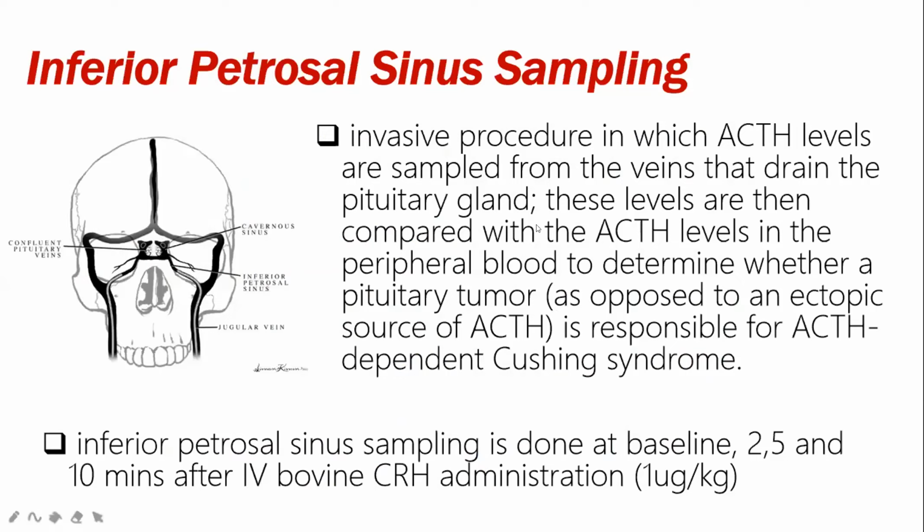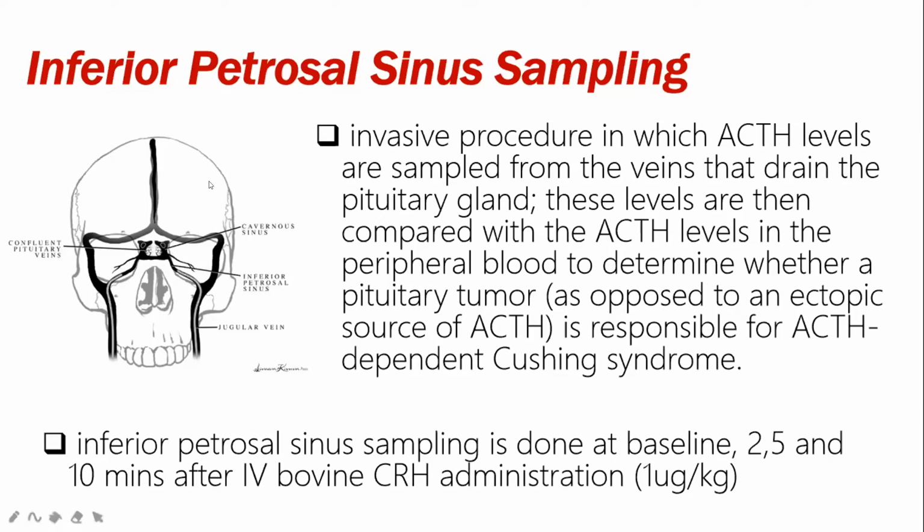These levels are then compared with the ACTH levels in the peripheral blood to determine whether a pituitary tumor, as opposed to an ectopic source of ACTH, is responsible for ACTH-dependent Cushing syndrome. So what we do in inferior petrosal sinus sampling is it's done at baseline, 2, 5, and 10 minutes after IV bovine corticotropin releasing hormone administration at a dose of 1 microgram per kilogram.